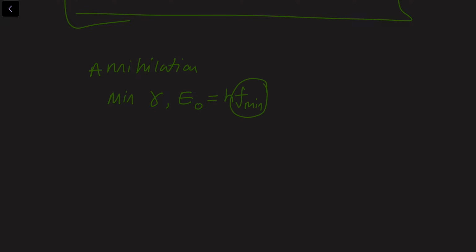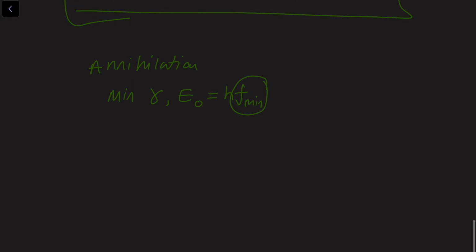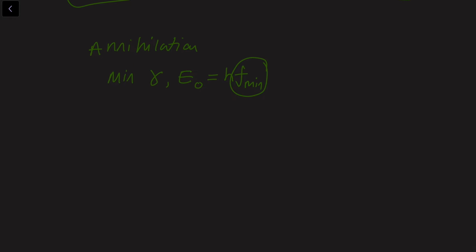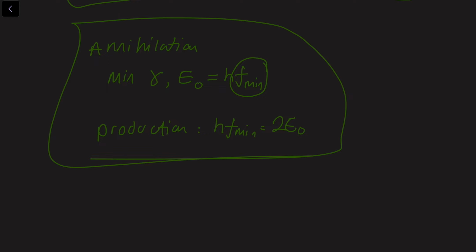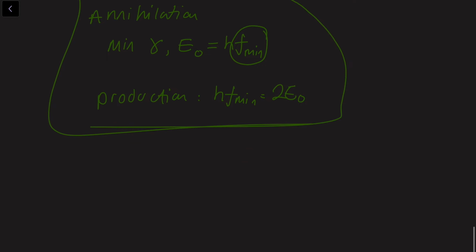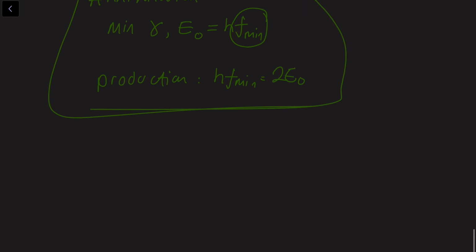So you can find out the photon frequency and wavelength, okay? And for pair production, hf min will equal 2E0, I believe. So important to know these, and they'll be useful for calculations.